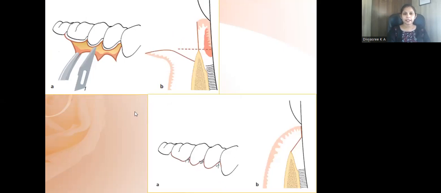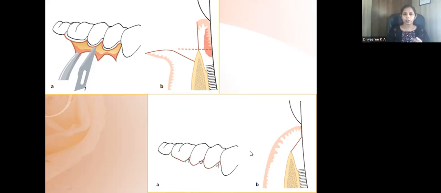After that, a full thickness flap, a mucoperiosteal flap, is elevated using a periosteal elevator. Then with the help of a number 12 or number 11 blade, we have to remove the remaining collar of tissue using an interdental incision. See, this is the remaining wedge of tissue that is to be removed by an interdental incision.